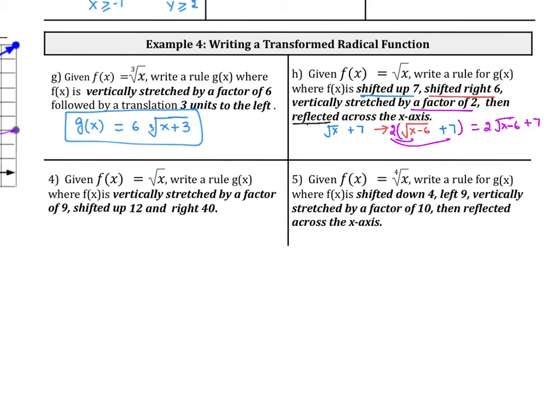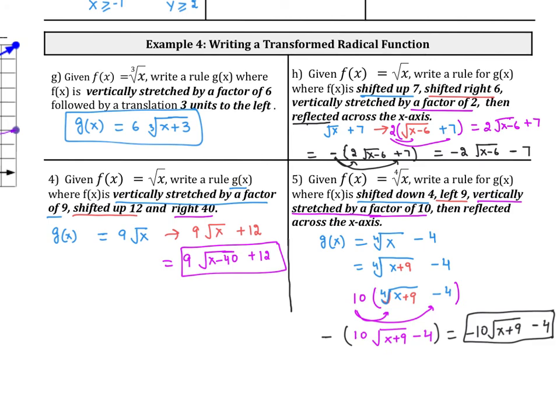So it means that the whole function that you got, you're going to multiply it by negative. So the final answer is going to be negative 2 square root of x minus 6 minus 7. So distribute the negative to this and this term. Next, you're going to try number 4 and number 5.